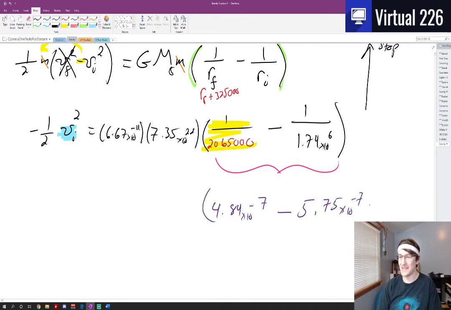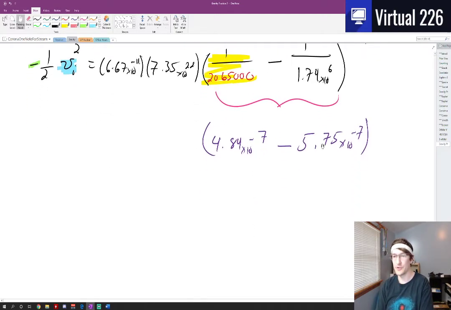Okay, so that is what is actually in the parentheses right there. Note that I'm doing 4.84 minus 5.75. They're both the same, times 10 to the negative 7. This is going to give me a negative value here, and that's actually okay, and what we want, because I've got a negative on the other side, which is going to cancel out. I know it seems like we're doing a lot just for the subtraction in these parentheses, but that's the tricky part.